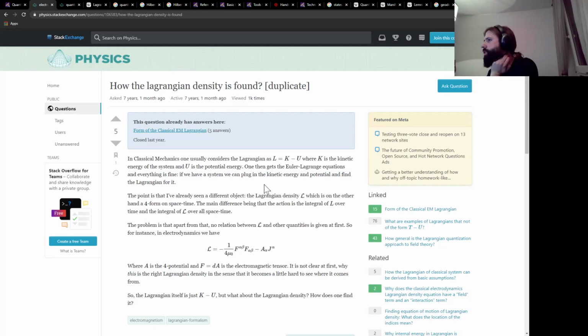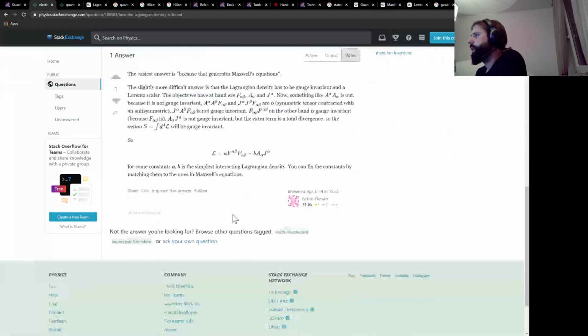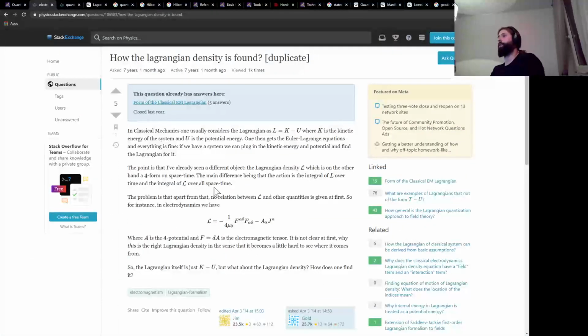One lets the Euler-Lagrange equations and everything is fine. Okay, so if we're in a system, we can apply the kinetic energy and potential energy to get a Lagrangian for it. The point is that there is a different object, the Lagrangian density, which is a full form on space-time. The main difference being that the action is the integral of L over time, and the integral of this over all space. The hell? That is really uncharted territory for me.